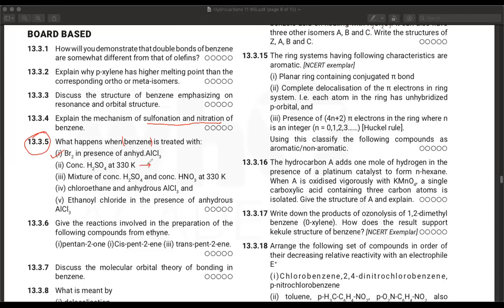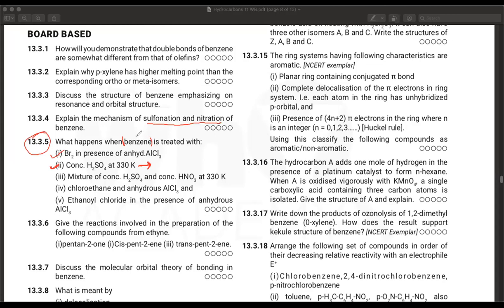Ma'am, now the 330 K is just there to confuse us, right? Don't worry about it. As long as you have benzene with concentrated sulfuric acid, you increase the temperature a little bit to make the reaction feasible, a little faster.